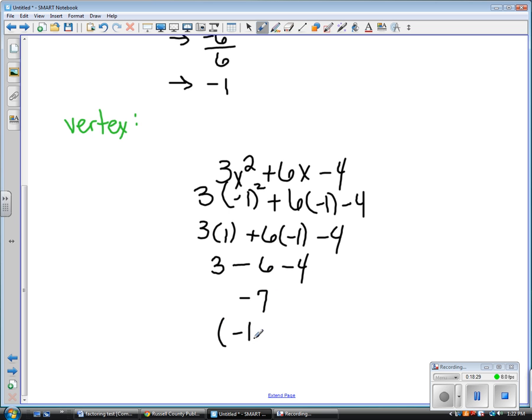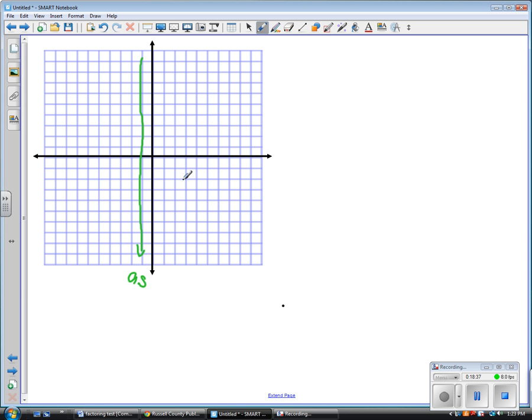So the vertex is negative 1, negative 7. Correct? So if I go back to my graph, here's negative 1, 1, 2, 3, 4, 5, 6, 7. Here's my vertex. You already told me I'm going to open up, so my parabola is going to go this way somehow. I just don't know how wide or how thin yet.